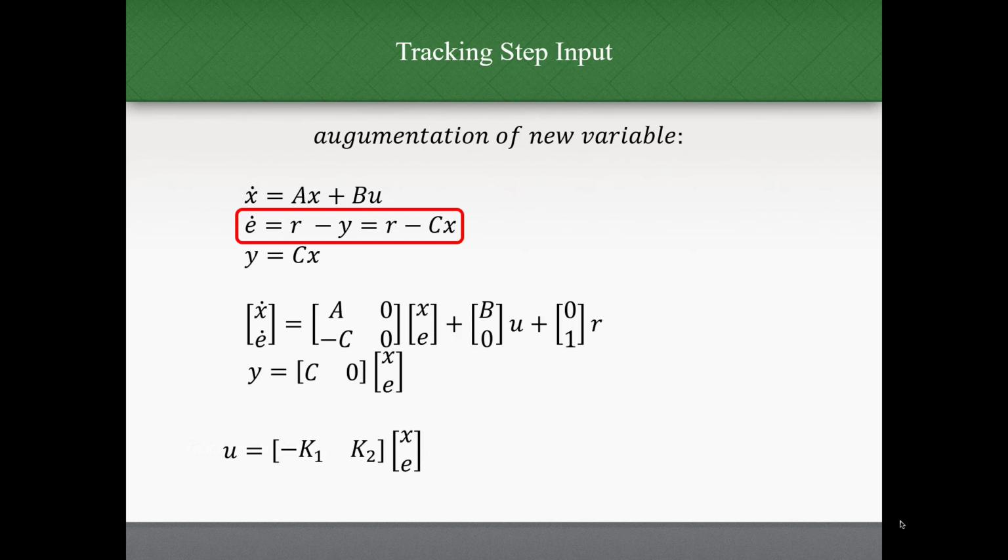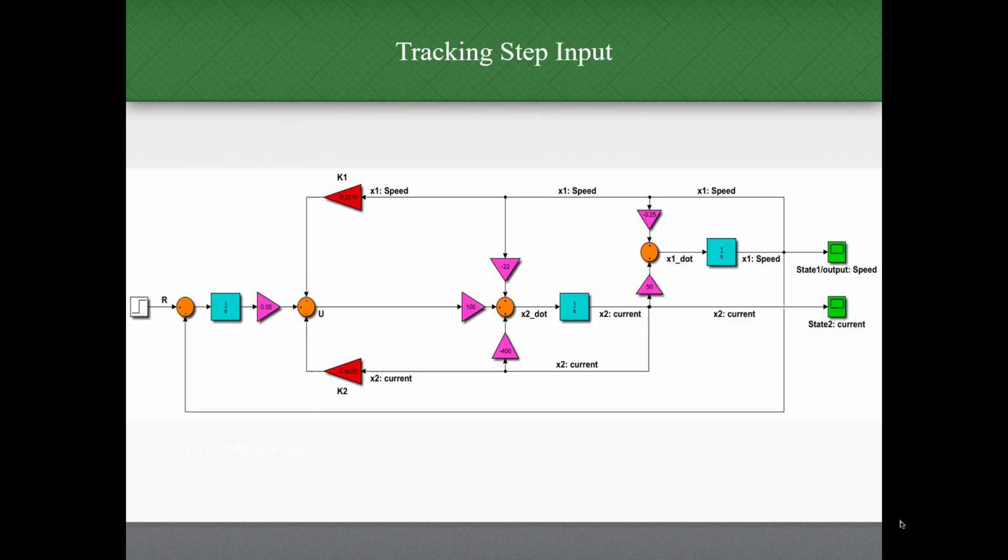And the gain matrix to control the system and at the same time track inputs will be such as seen on the screen, in which the first part is our normal state space feedback control method, and the second, K2, is our new tracking control.